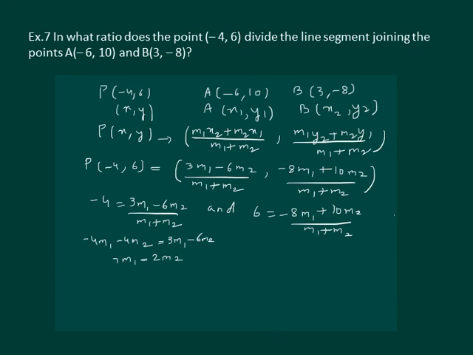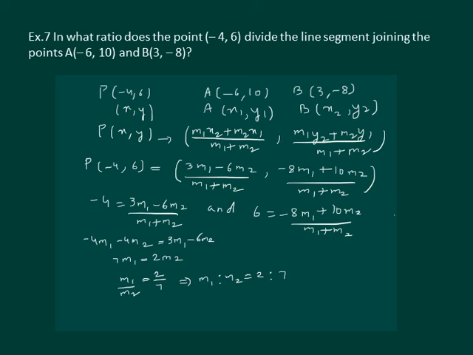Can we find m1 by m2? We will get m1 by m2 equal to 2 by 7, or this means m1 is to m2 is 2 is to 7.